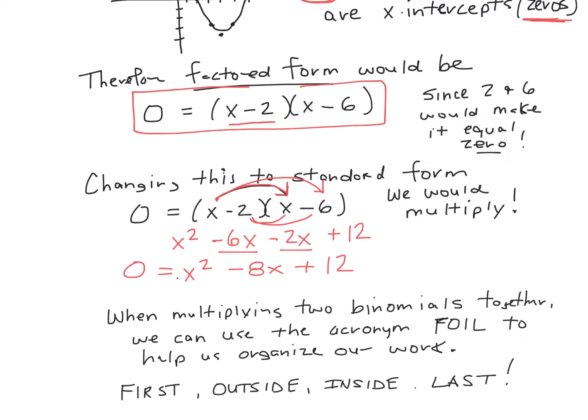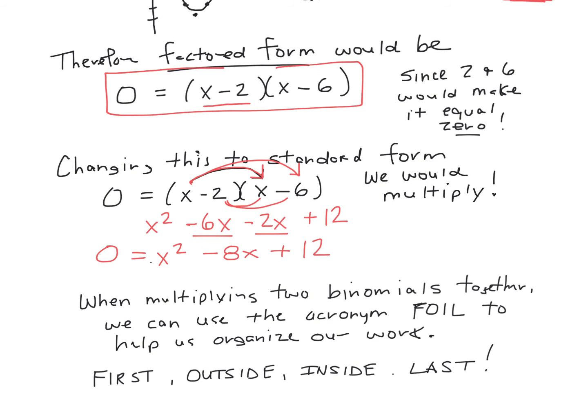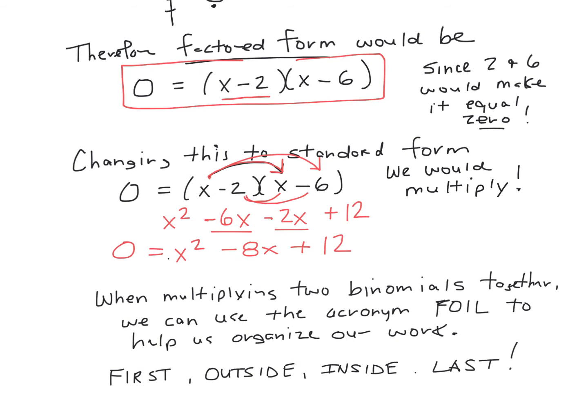Now, when multiplying two binomials, now a binomial is something that has two terms together, we can use the acronym FOIL to help us organize our work. So for example, FOIL standing for first terms. Those first terms would have been this x times x.